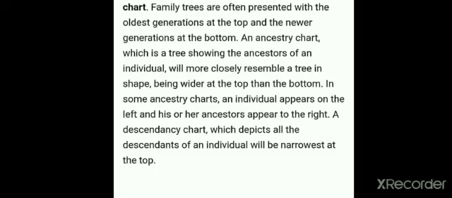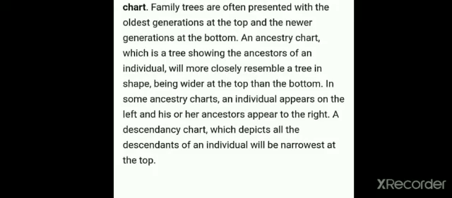See here they have given the family tree, that is the relationship between the ancestors and the successors resembling a tree. And they have told another thing. They told it is wider at the top and narrower at the bottom. Why is it like that? Because for the birth of a single person, don't think there are only two people who are the reason.